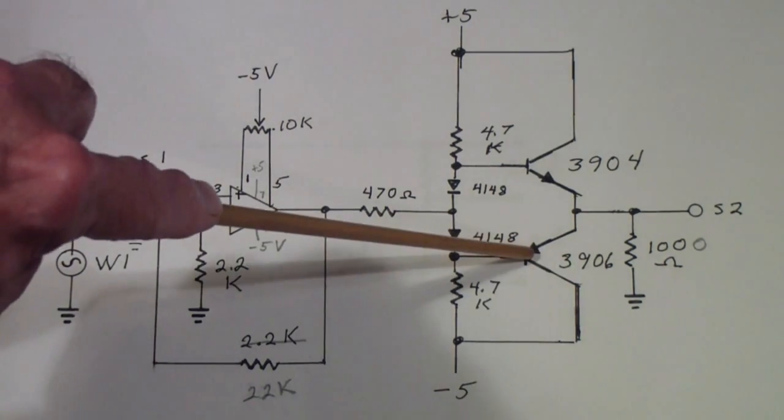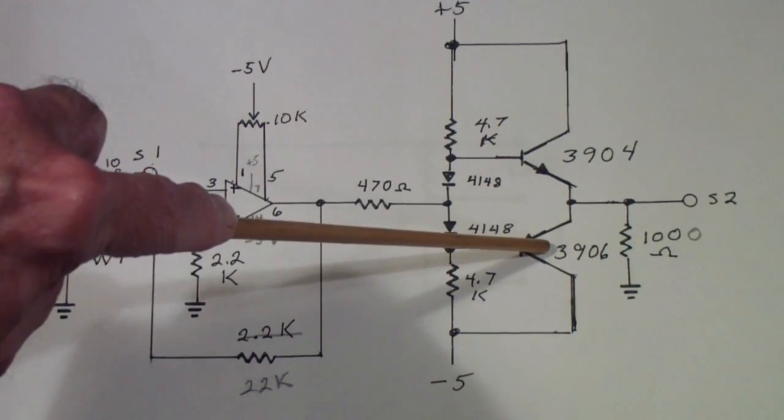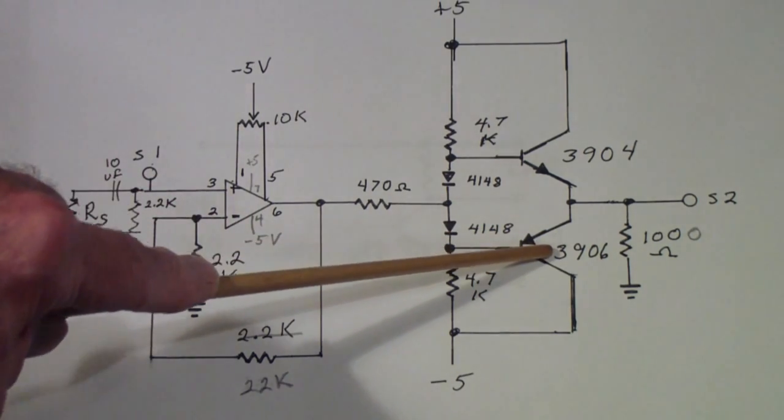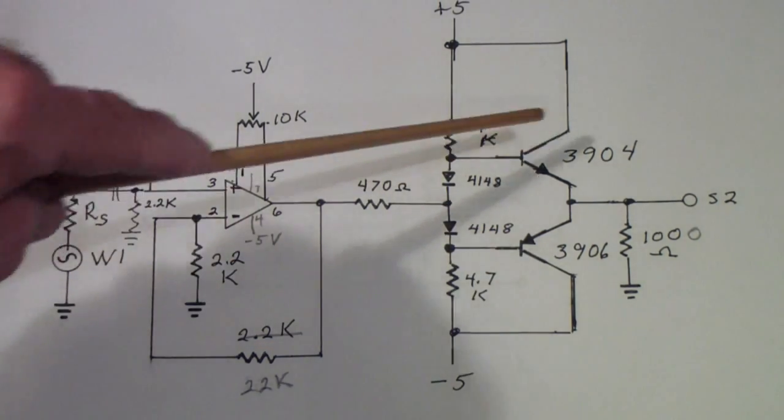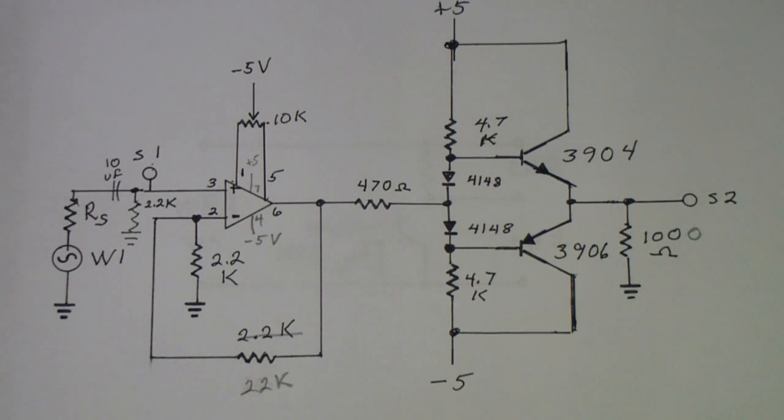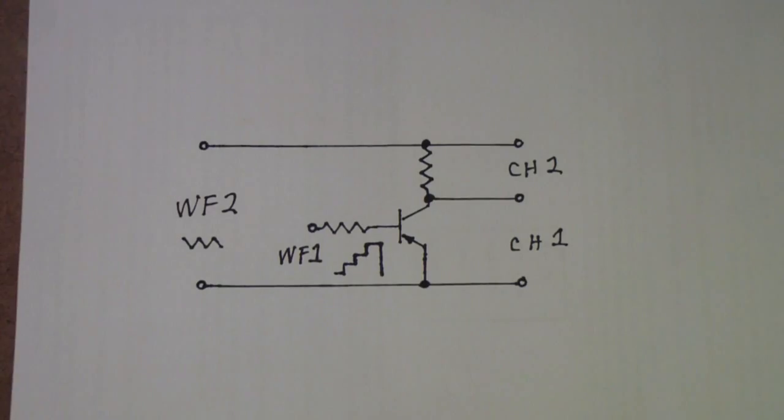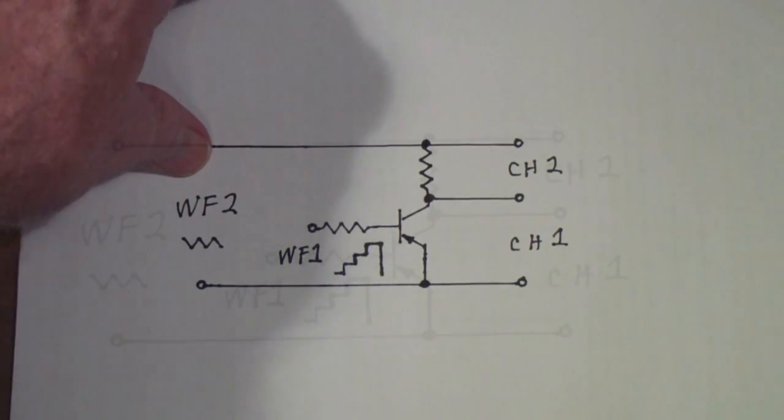But to work effectively, what you need is a matched pair. In other words, you need, in this case, a 3906 and a 3904 that have very similar characteristics. And one way to do that is to use a curve tracer.